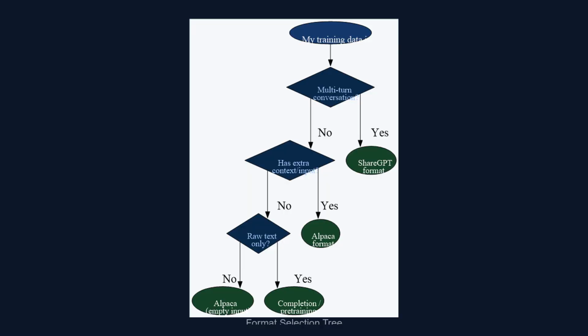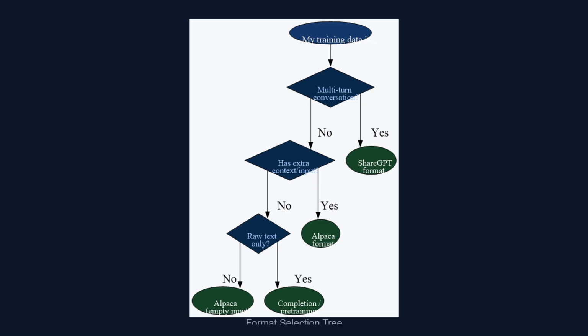This decision tree gives you a repeatable process for format selection. Start with one question: does your project involve multi-turn conversations? If yes, ShareGPT conversational format. If no, ask whether your data has extra context or input beyond the task itself. If yes, Alpaca format with all three fields.